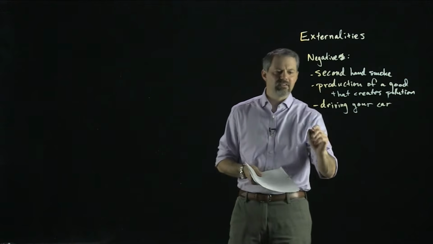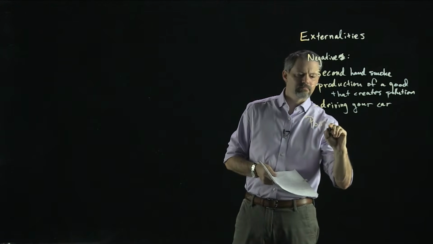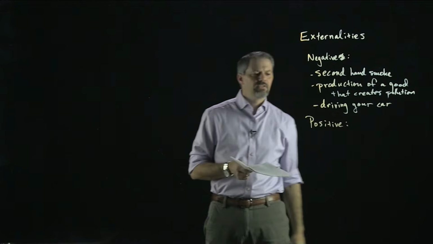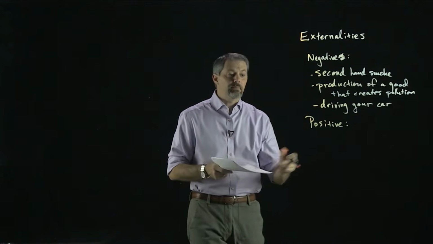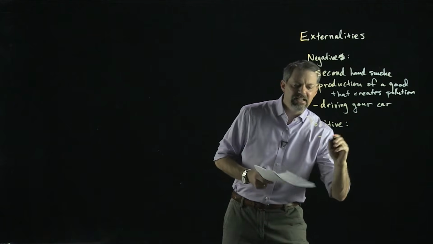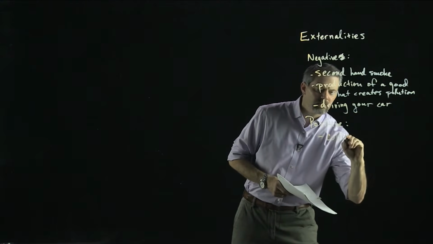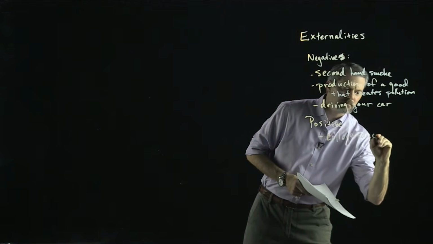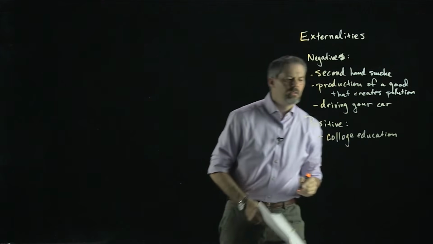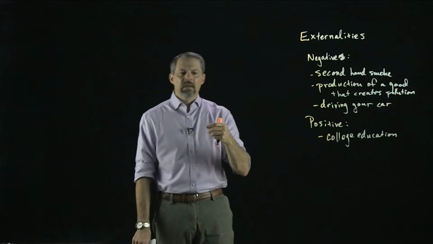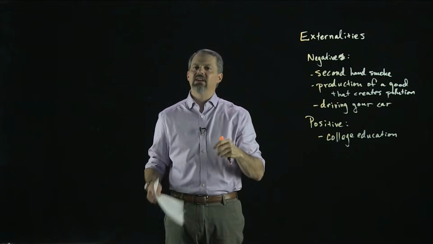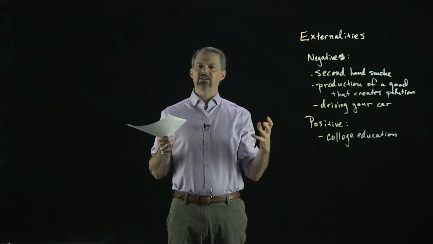There are also positive externalities. So if we think about some examples of positive externalities, something like you getting a college education. If you get a college education, then people with more education tend to make more responsible decisions.